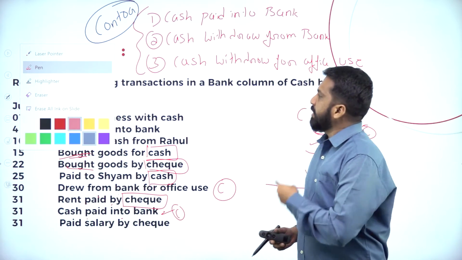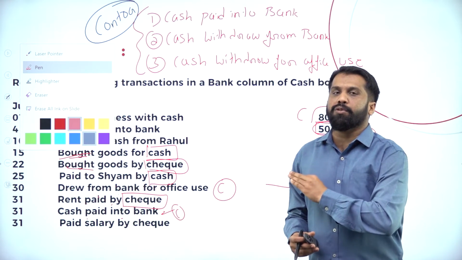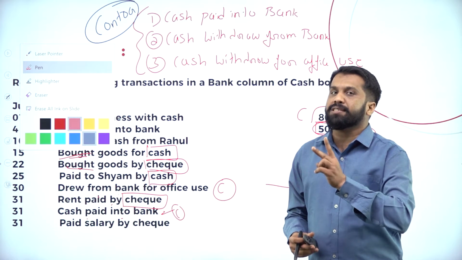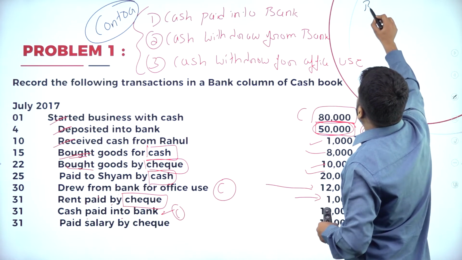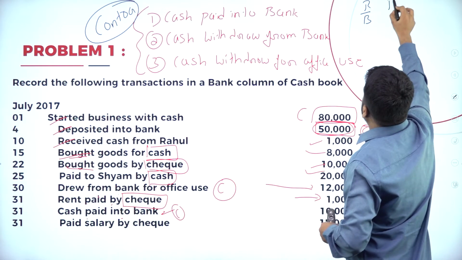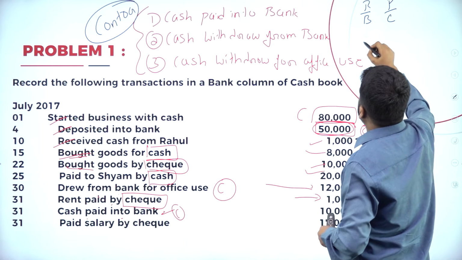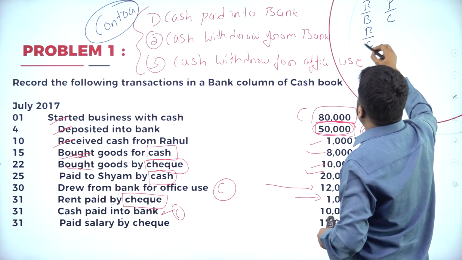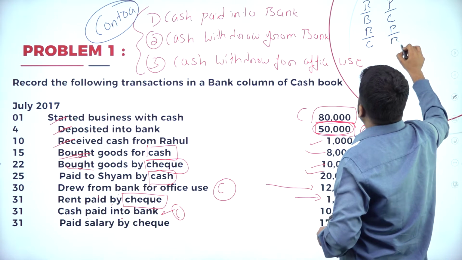If you find these three, irrespective of reading further, just go for contra. Both the sides you have to write. Cash paid into bank means a receipt will be bank and payment will be cash. Cash withdraw from bank means a receipt is cash and payment is bank.